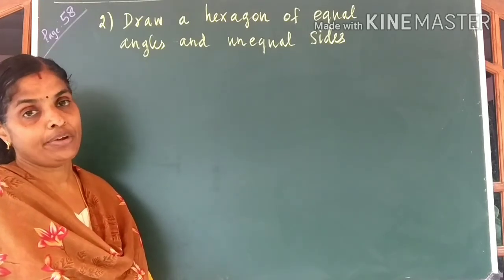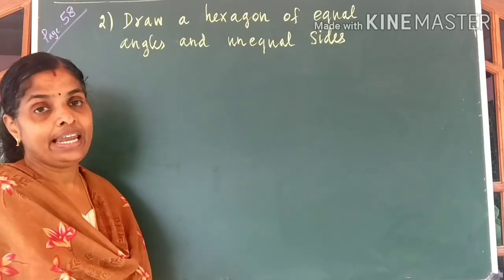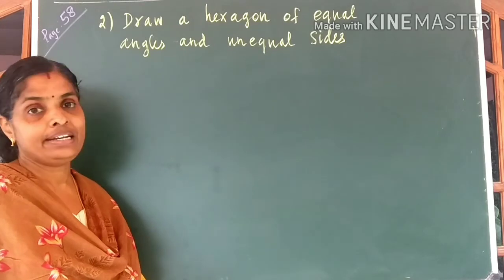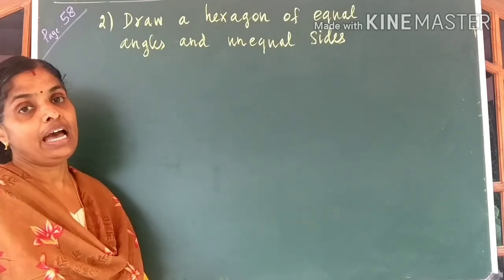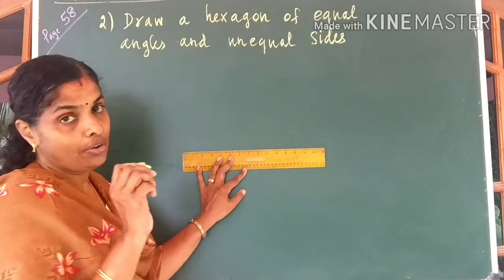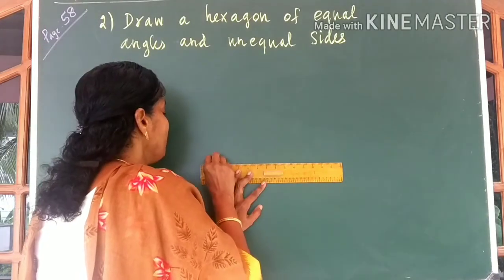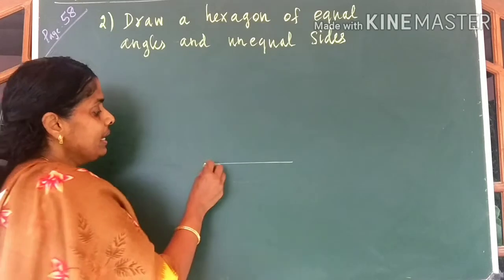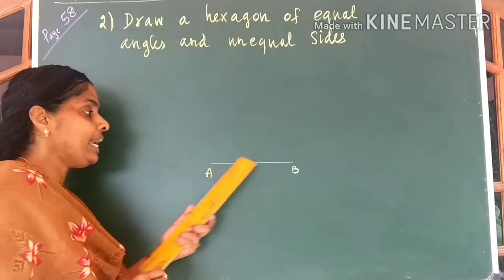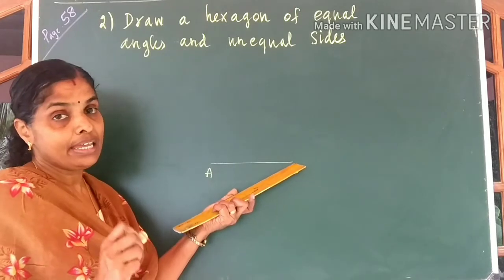So what we are going to do? Draw a line of any measure and measure 120 degrees at both of its ends. I have drawn a line. Now let us name this as AB. At A and B measure equal angles.